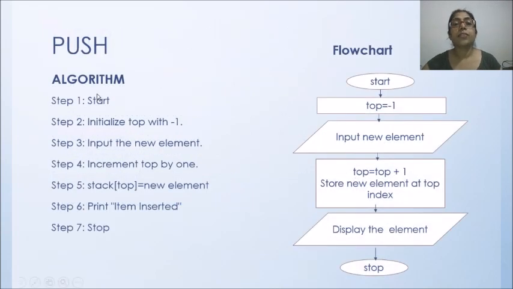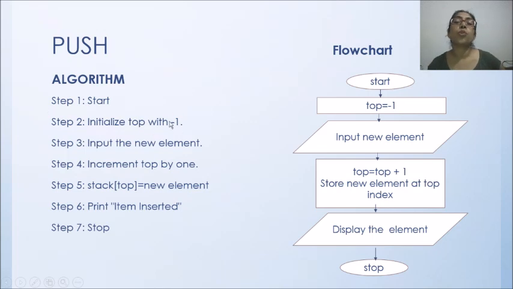Here you can see the algorithm and flowchart I have mentioned, which is generally followed by each programming language to implement a stack. The basic idea is to maintain the top pointer, because there is only one index, that is the top index, from where you can remove an element and from where you can put a new element. So here initialize your top to -1.